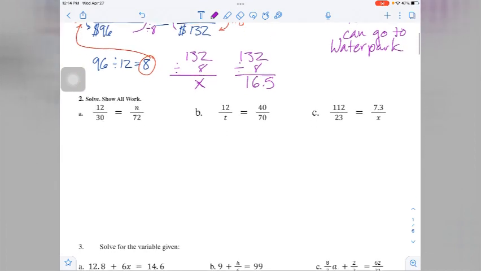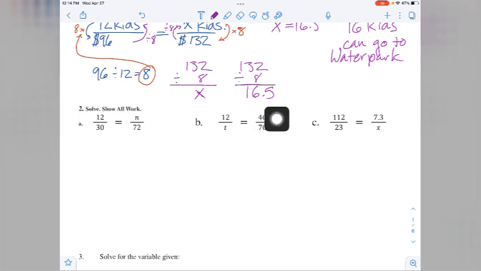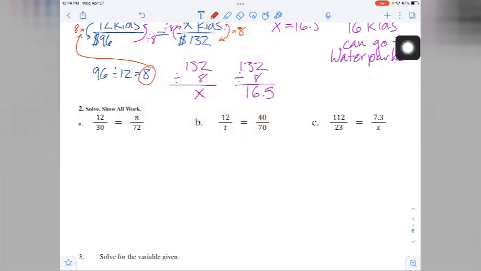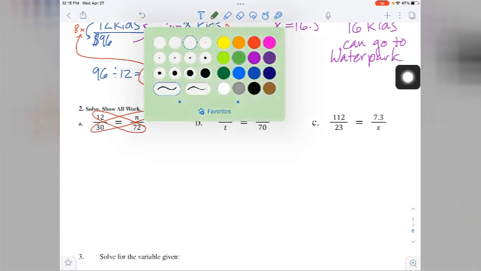Now I'm going to use these other ones to go over other ways of solving these proportions. Another way is called the butterfly method, which is one where you cross multiply. So we're looking at the things in these two different circles, and I'll change one of the colors.